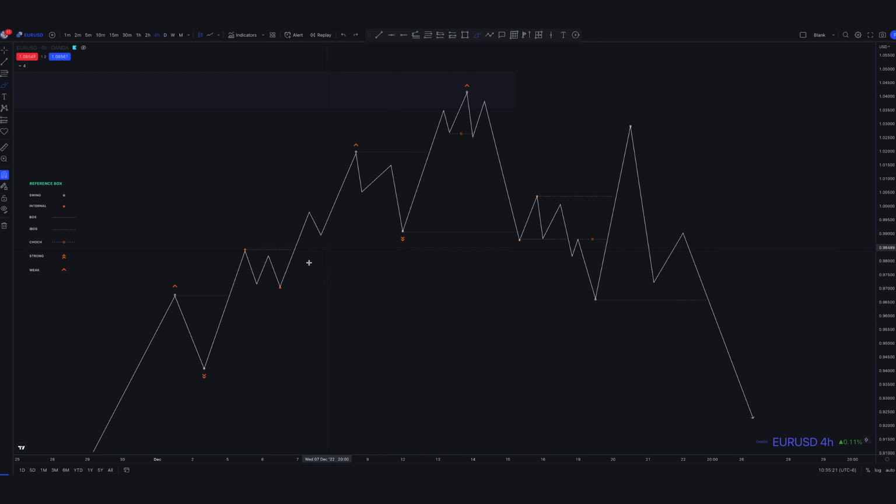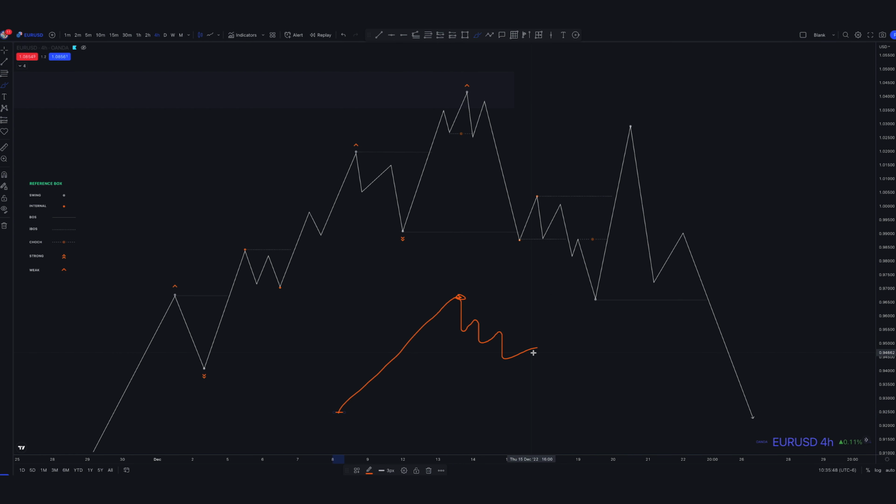You'll see that every time we have a push and then a bigger pullback, you can already set this as the top of the swing. When you start to see a bigger pullback here, you can already mark this as your swing high, and that will be the swing low.